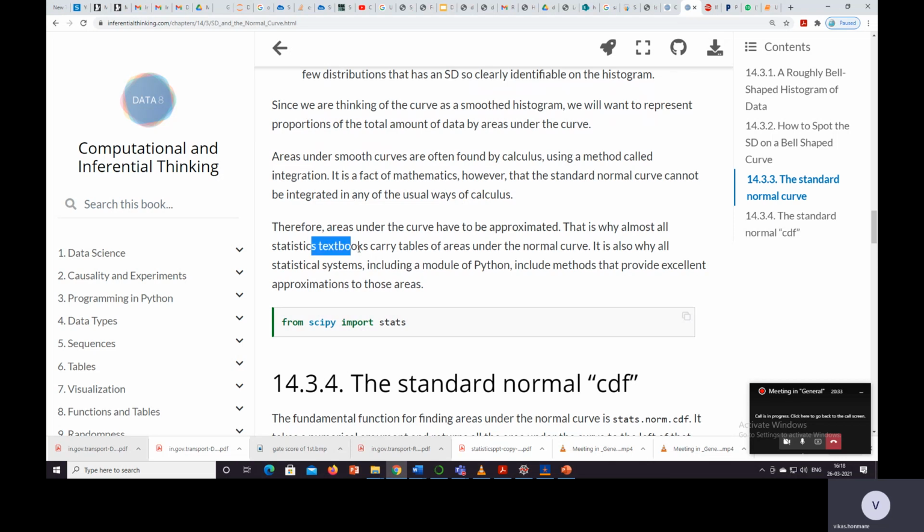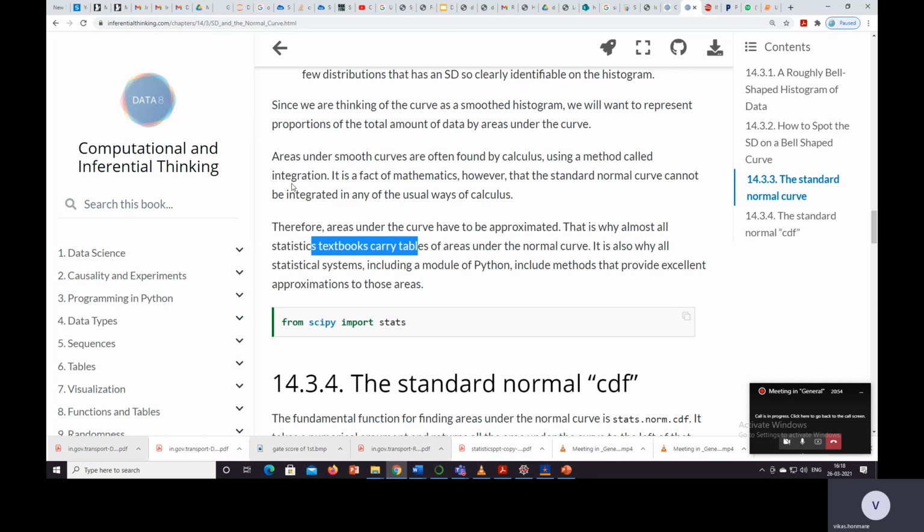So whenever we use this, we need integration. In order to avoid solving by integration, we have the table which contains the values of the normal curve.